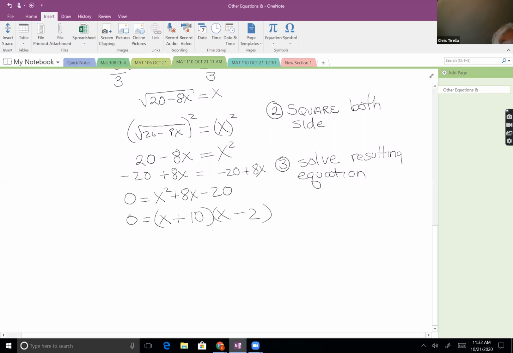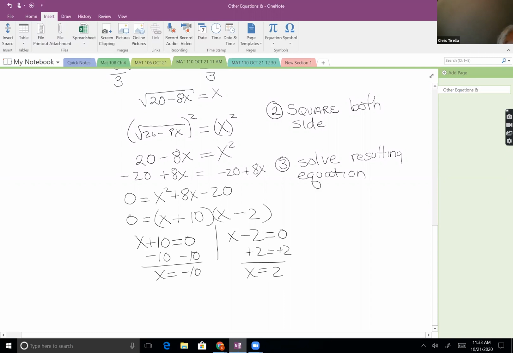And so now to solve that, when I set each factor equal to 0 and solve the resulting equations, I get x equals -10 or x equals 2.